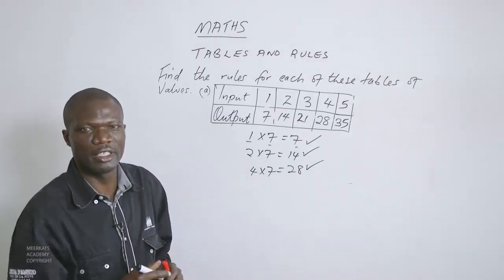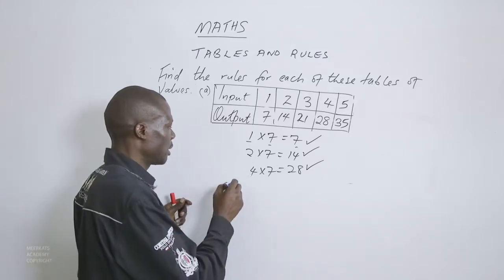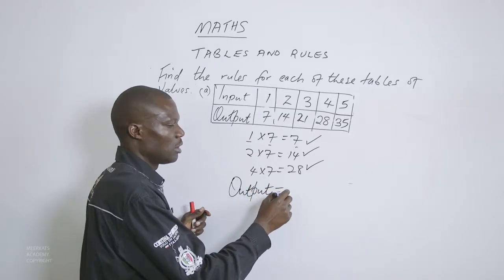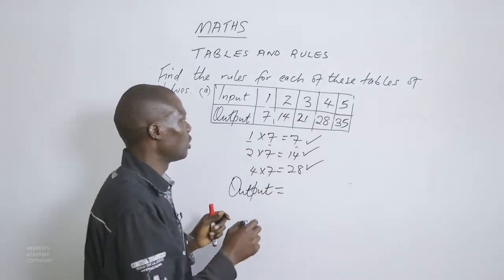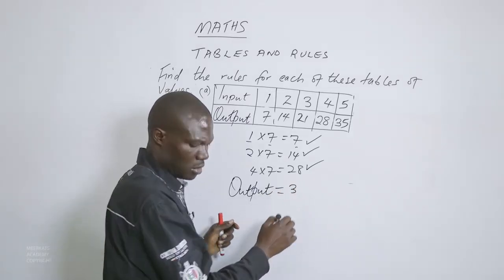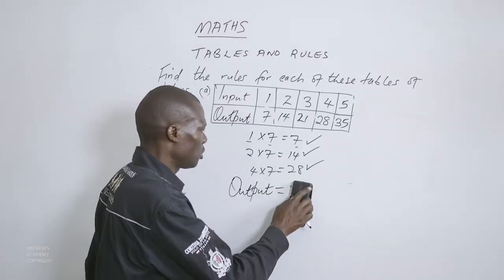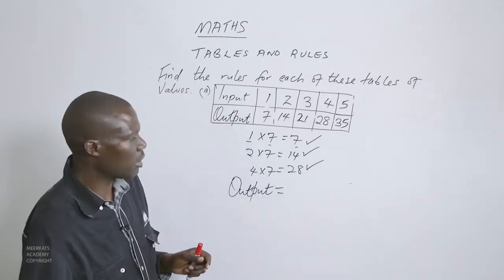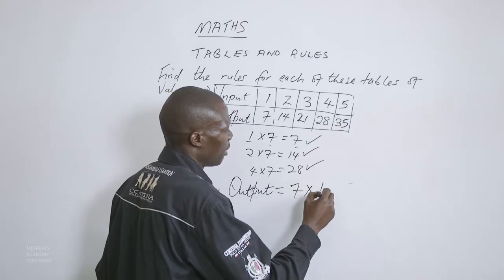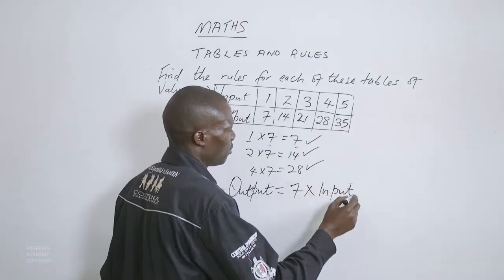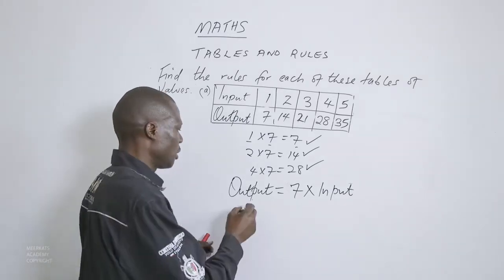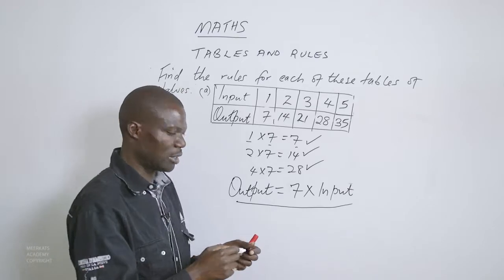Therefore, we can write our rule and say that output is equal to 7 multiplied by input. This is our rule.